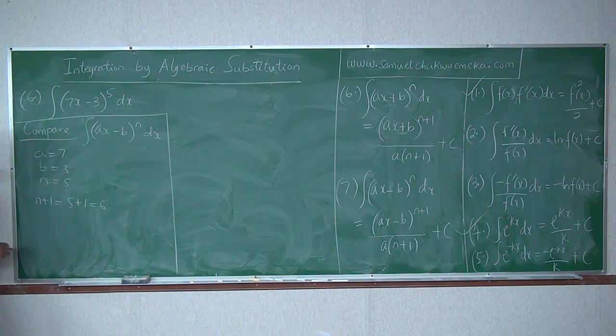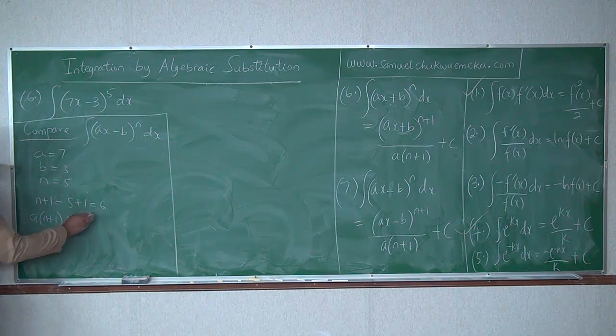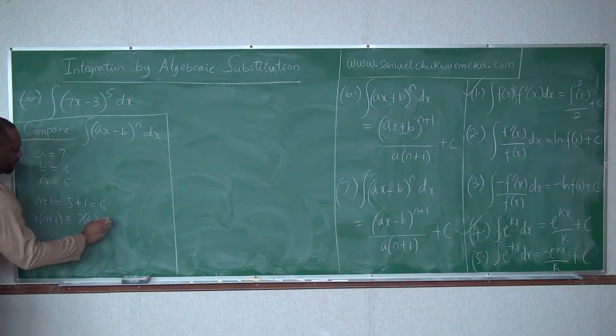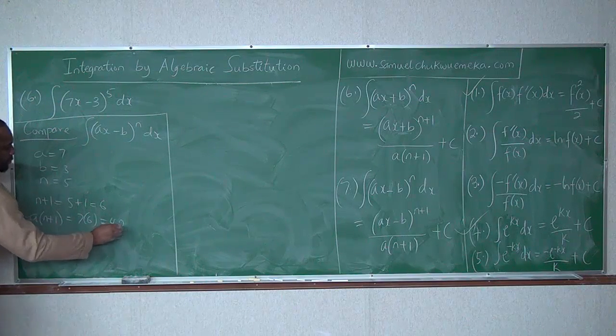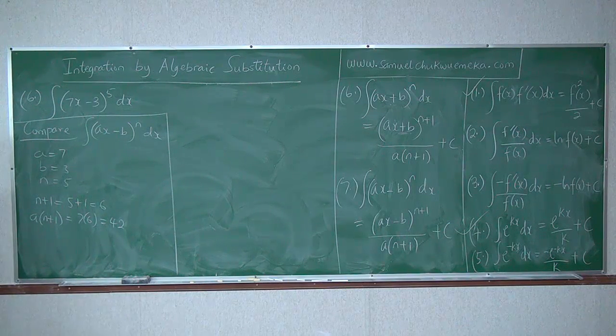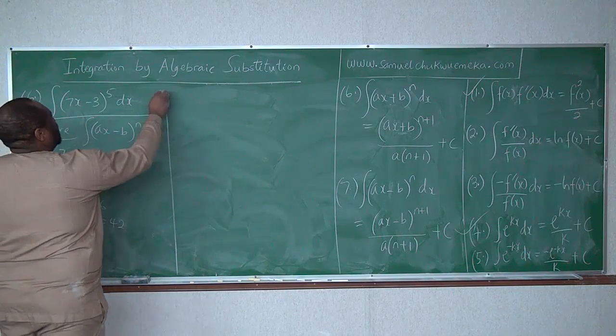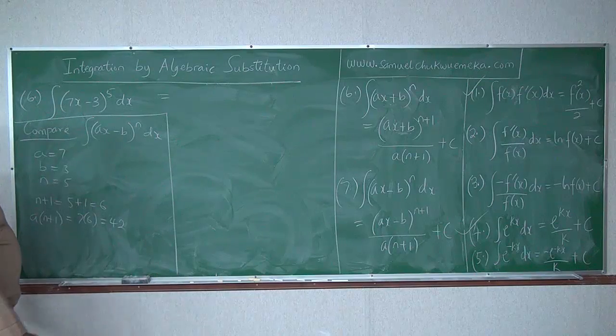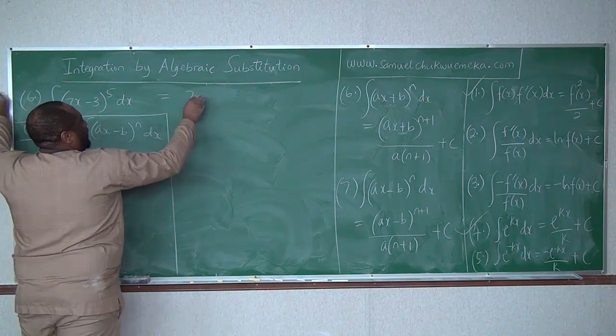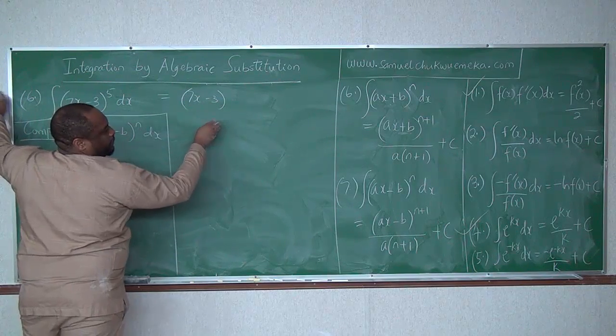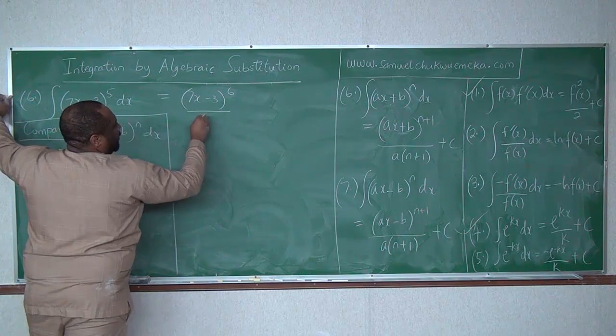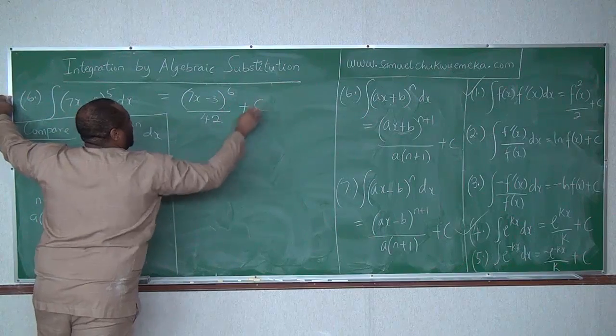And then a times (n + 1) is 7 times 6, which is 42. So the answer to this is (7x - 3) all raised to power 6 over 42 plus c.